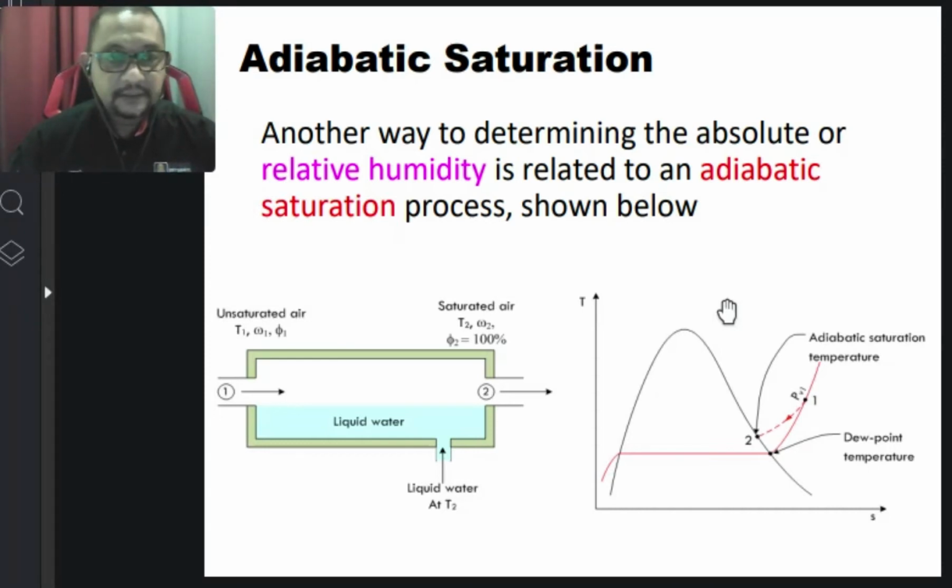This system consists of a long insulated channel that contains a pool of water.